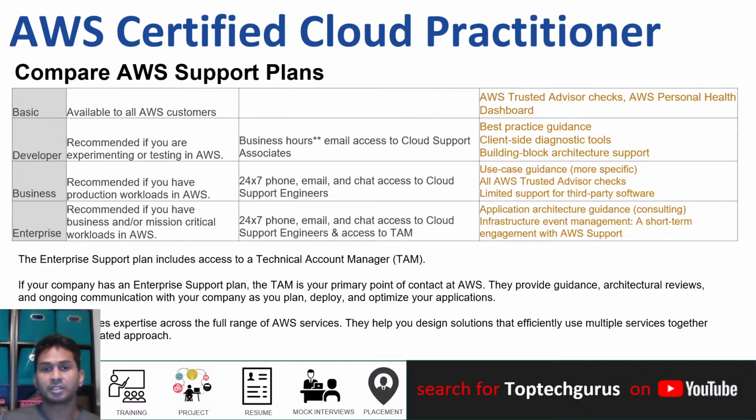You can just pick up your phone and call your technical account manager, or more frequently you'll probably email them, and you can have them set up a call with you for architectural guidance and any kind of reviews. They'll get people from AWS to talk to you, and set up meetings with experts in whatever range of services you need help with.